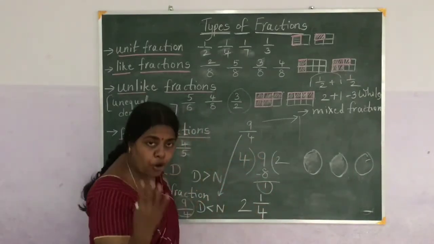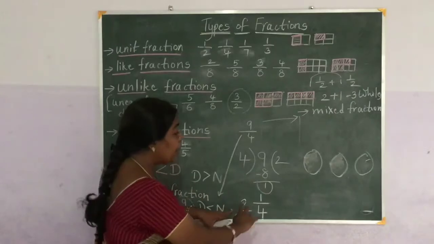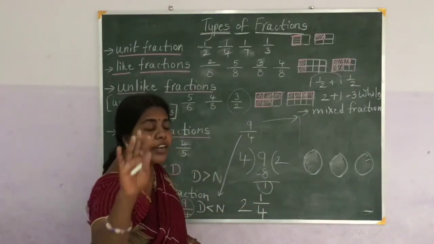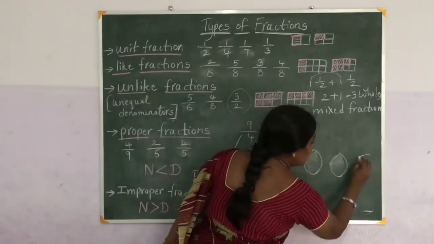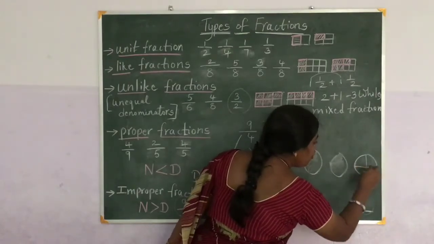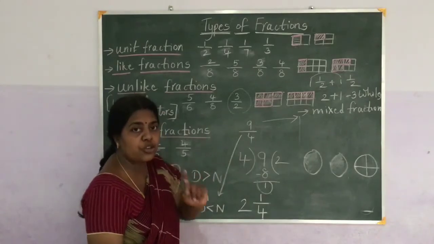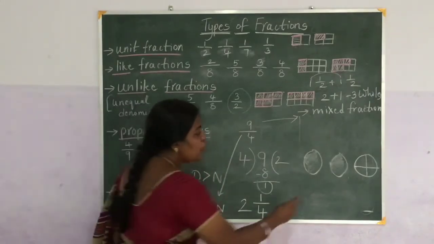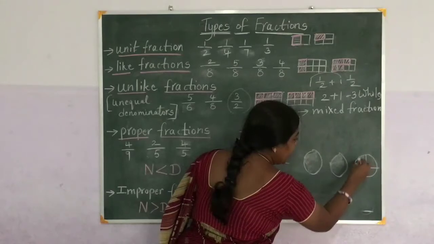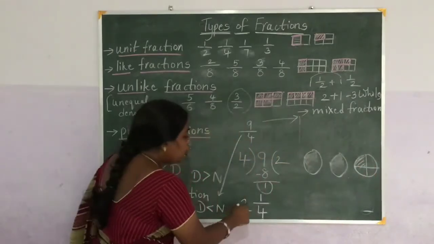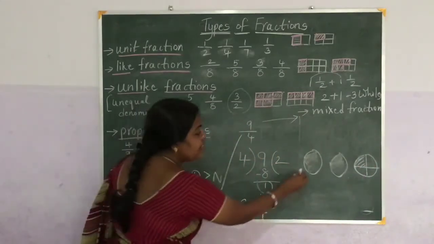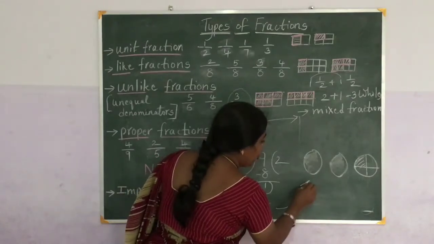The denominator 4 means it is divided, so the third chapati is divided into 4 equal parts. Out of that, how many parts should I take? 1 part. So 2 1 by 4 is the picture representation.